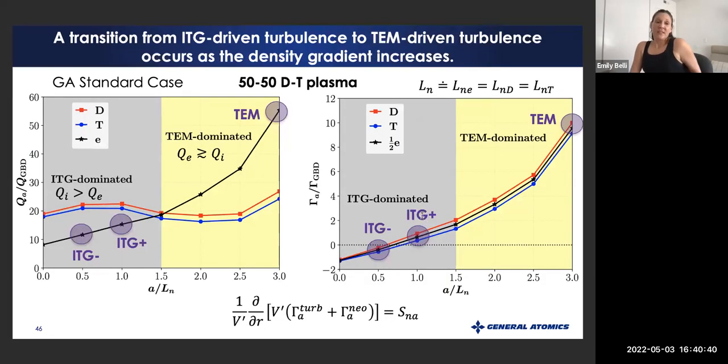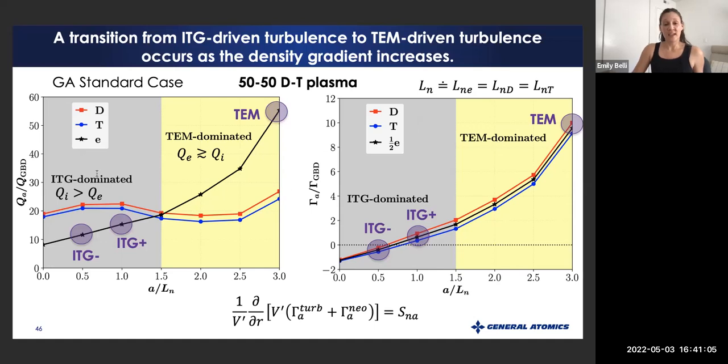So for these studies, we will use typical core parameters based on the GA standard case and consider 3 different values of the density gradient scaling corresponding to an ITG negative case where gamma is inward or less than 0, an ITG positive case where gamma is outward or greater than 0, and a TEM case at very large density gradient.